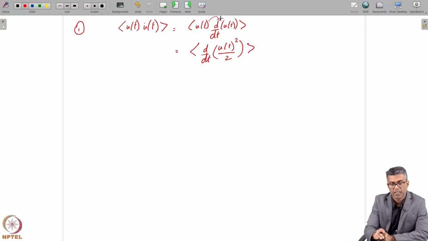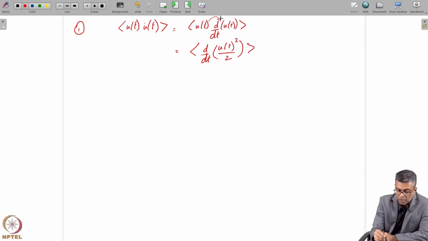So I have d/dt of u(t) squared divided by 2 and then the covariance of all of that. Now when you're taking a covariance, the time derivative can be taken out. So then what you have is d/dt of u(t) squared divided by 2, isn't it?